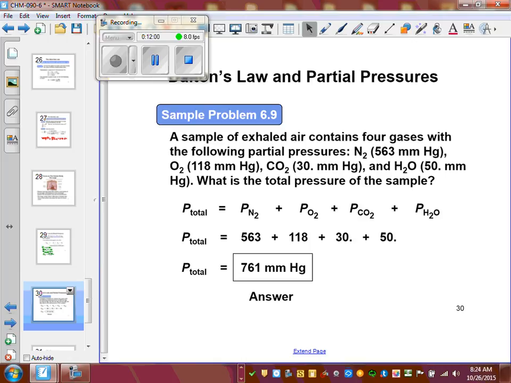Okay, what is external air pressure at sea level? 1 atmosphere. Which is how many millimeters of mercury? 760. So is this greater or lower? It's greater. So what kind of air is this?